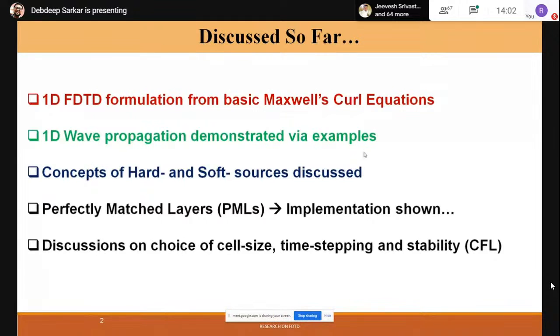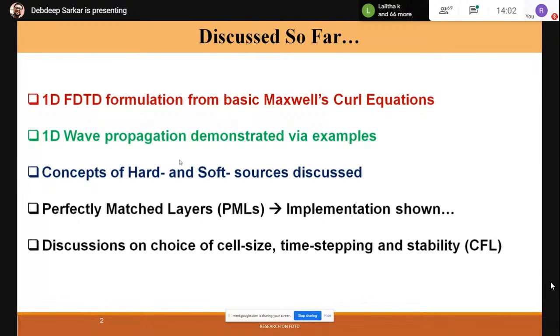From Maxwell's coupled equations, we demonstrated how to formulate the 1D FDTD. Then we showed several examples. I demonstrated how to write the update equations in Matlab, took the basic code excerpts from there, and showed how the wave propagation happens.